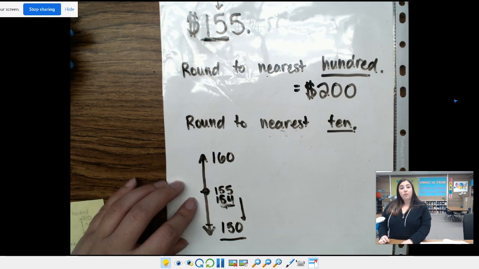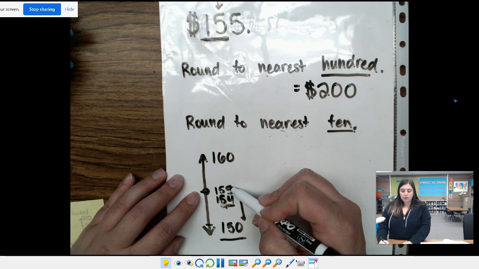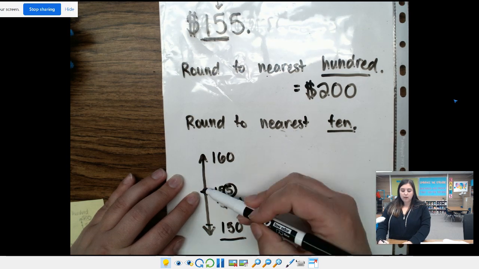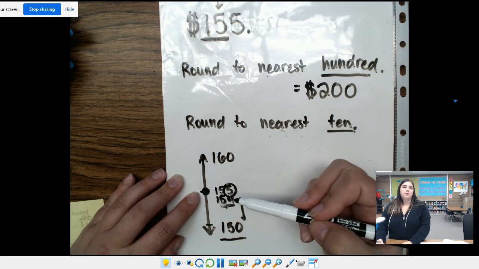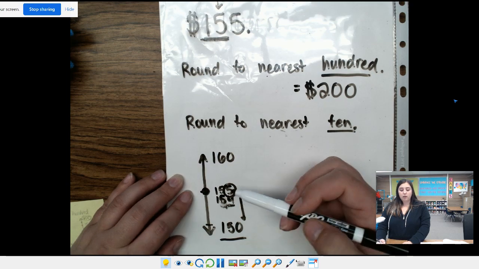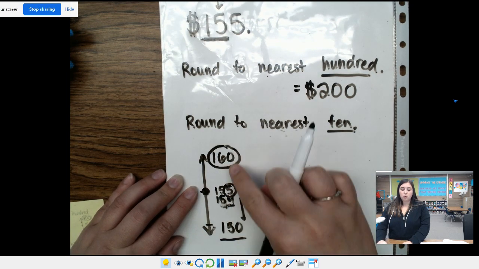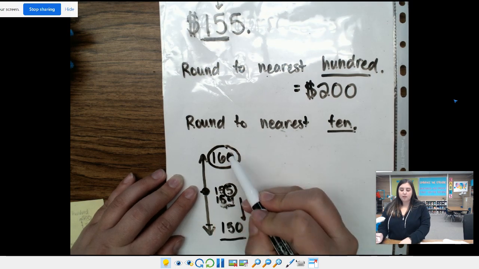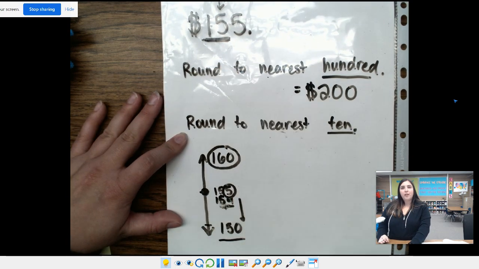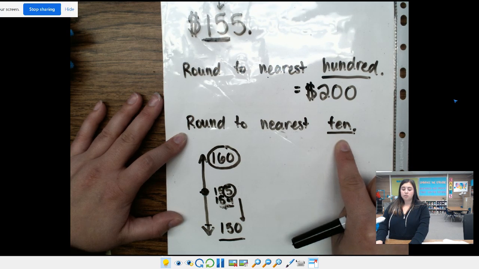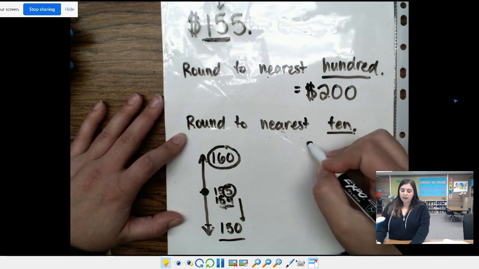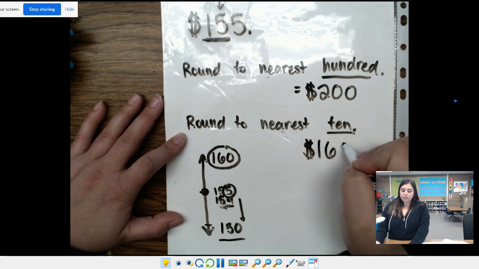Then the 5 or more, let it soar. So here I have a 5. It is right on that midpoint. If we're right on the midpoint, we're going to round up. Let it soar. We're going to go to the top. So if I'm rounding 155 to the nearest $10, I'm going to say I have $160.